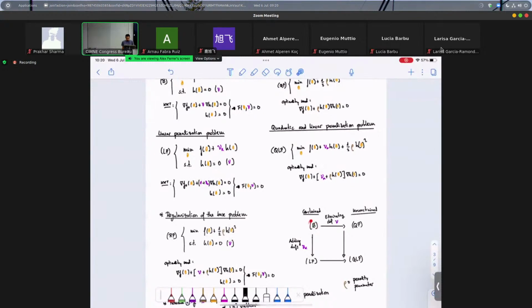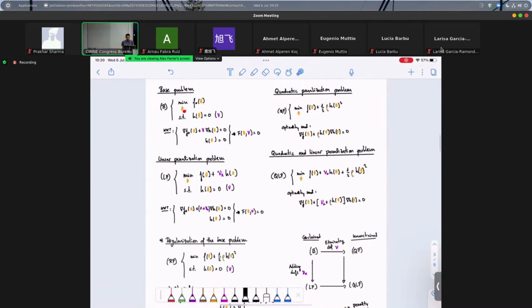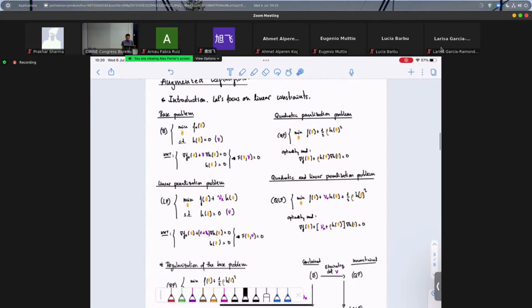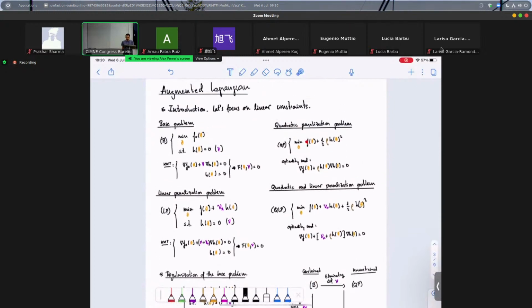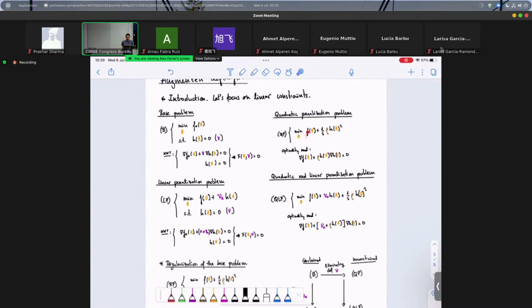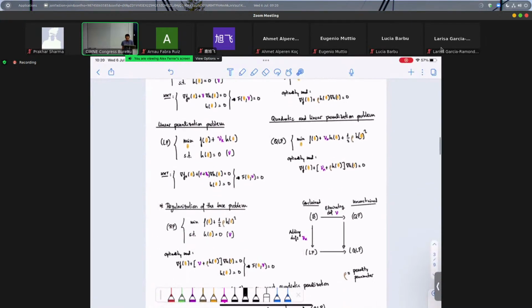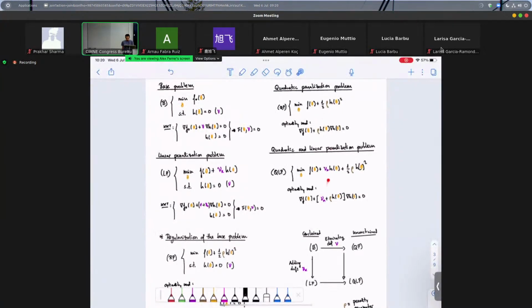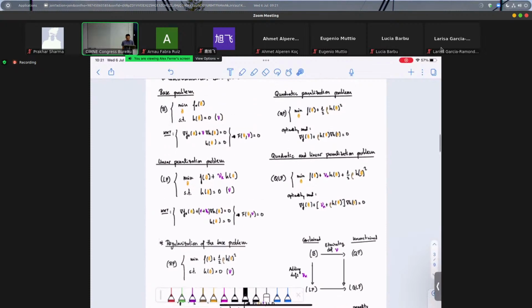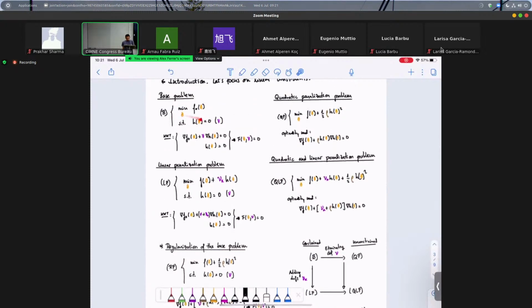Okay, so let's see how it works. When you have your problem B, you have the unknowns theta and nu. When you go to the unconstrained quadratic penalization, then you remove nu. Here you don't have any more nu. And then when you pass from here to here, you add this term here, rho, with the quadratic term. Okay. Here, you add the constraint.